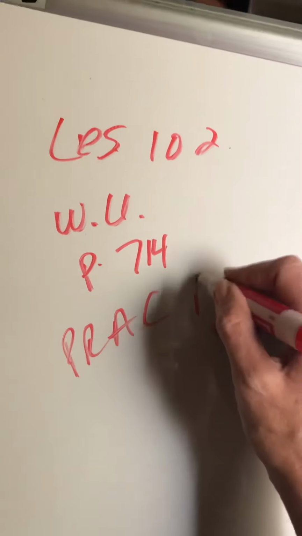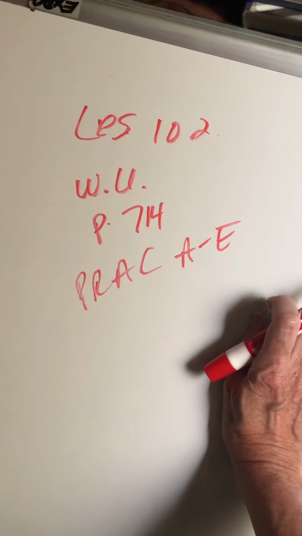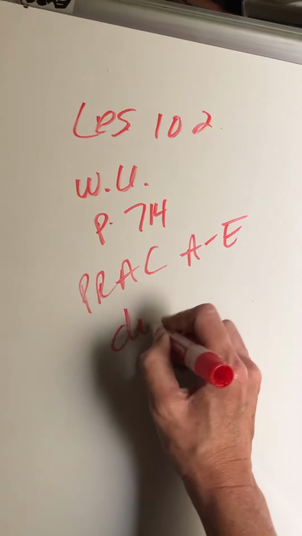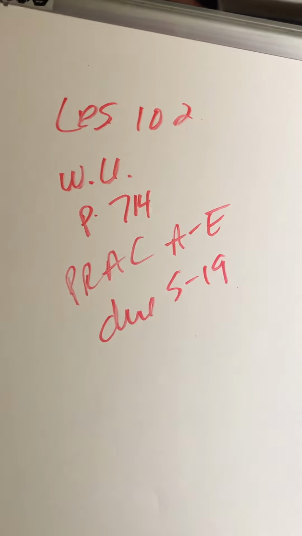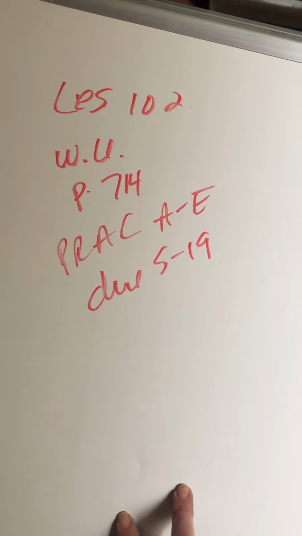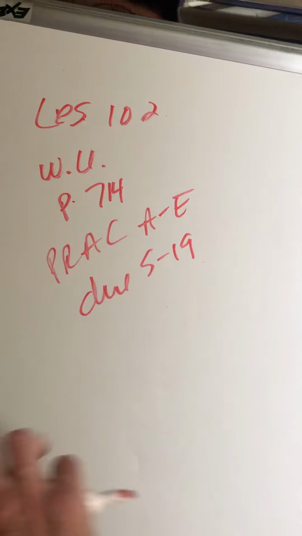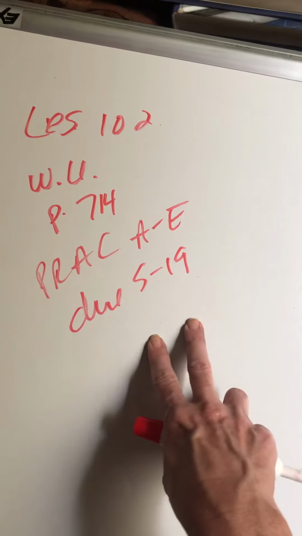I've got F on there. You're just doing A through E. I don't want you to do F. And this is due 519 with lesson 89. So you've got lesson 89 and lesson 102, just the warm-up and practices on both of them. So it's like 10 problems on this one and 8 problems on the other one. But lesson 89, lesson 102, they're due next Tuesday.